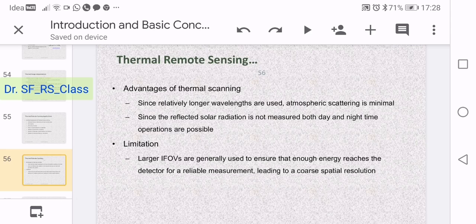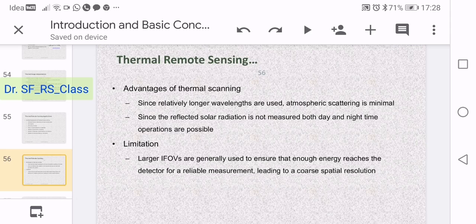These are the two basic advantages: scattering is less because we are using longer wavelengths, and it can be done in day and night since we are not using the reflected energy of the solar radiation. That's a good advantage, because at any time you can use the mapping, you can use the sensing.